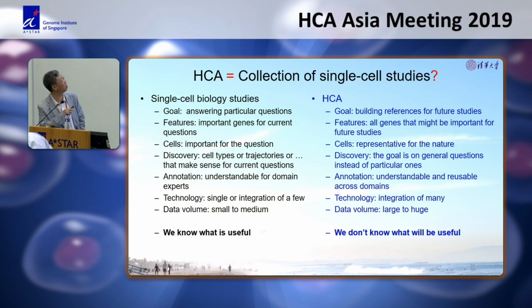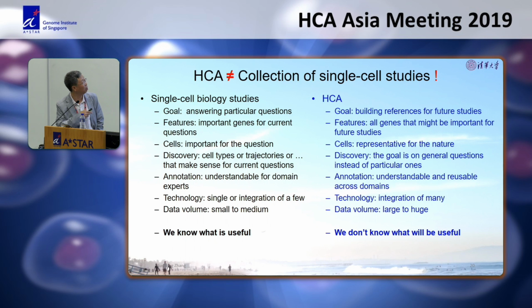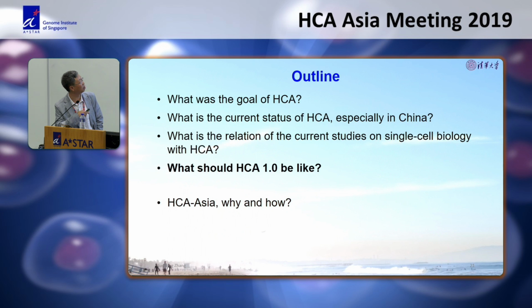So in single-cell biology studies, we kind of know what is useful, but in HCA, we don't know what will be useful, but we try to keep everything, just like in the human genome study, where people not only measure the coding genes, but a lot of non-coding genes, although we don't know what their use is yet, we need to have them. So it's not equivalent. I think I will skip this one because I don't have time.